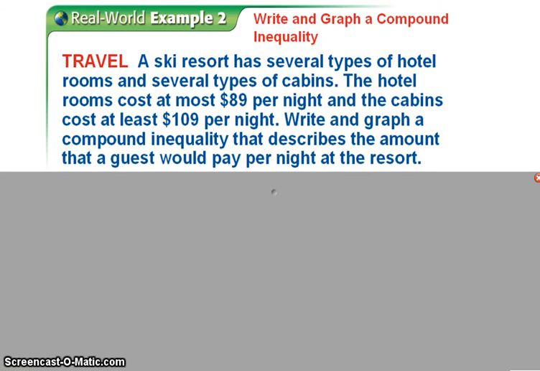Okay, let's take a look at a word problem here. A ski resort has several types of hotel rooms and several types of cabins. The hotel rooms cost at most $89 per night, and the cabins cost at least $109 per night. Write and graph a compound inequality that describes the amount that a guest would pay per night at the resort.